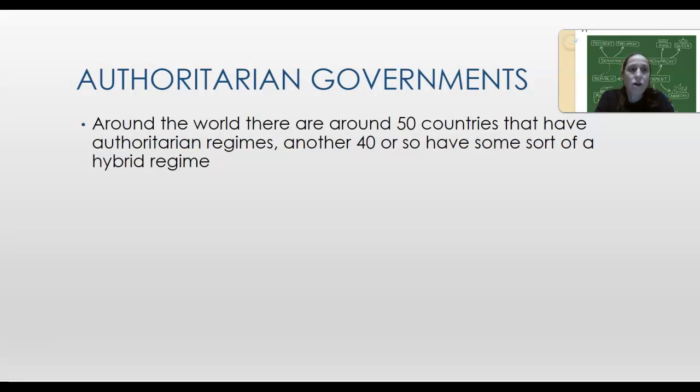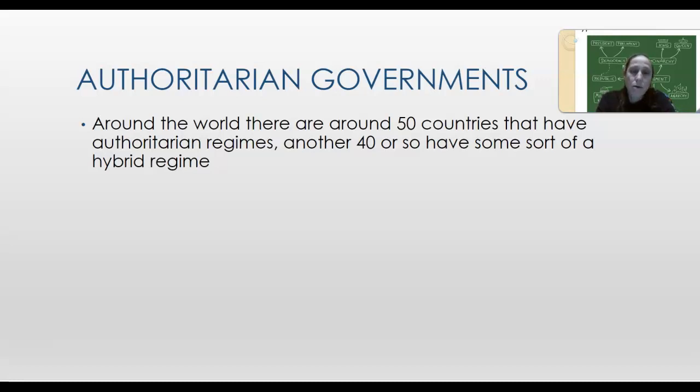If you look around the world, you can see that there are around 50 countries. If you do that search at the CIA Factbook or any other similar search, you can see that there are around 50 countries that have authoritarian regimes and another 40 or so that have some sort of a hybrid regime. A regime that may not be fully authoritarian, but it's also not a democracy.